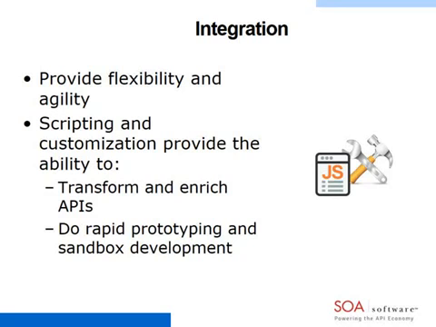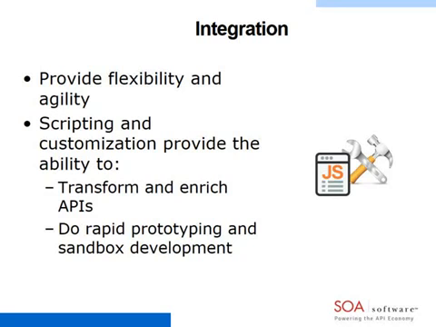So when you look at a set of tools or capabilities, think about how you're going to actually provide the customizability within that framework. How you're going to support scripting, and how you're going to do transformation and enrichment of APIs. How are you going to do rapid prototyping and sandbox development?